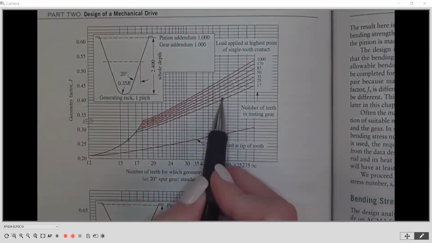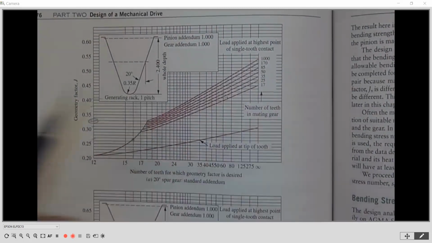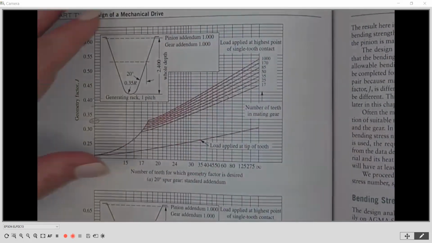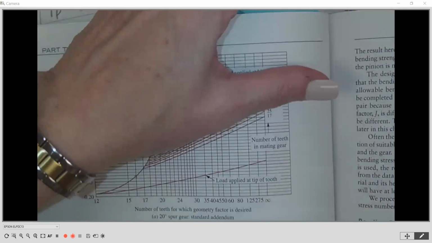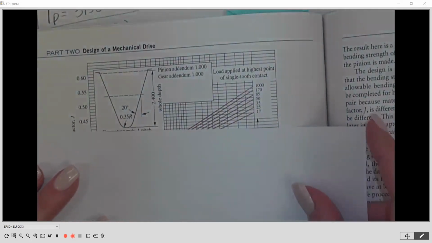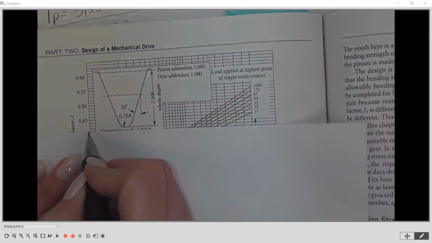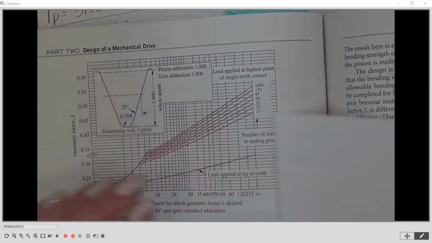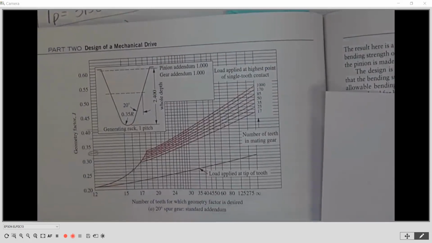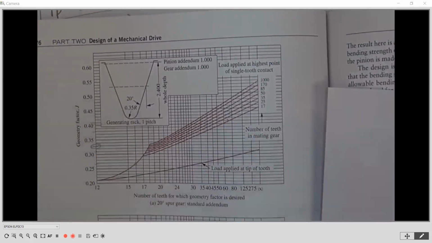Now, not nice what they did. I need a piece of paper, I think. You have to go through that little illustration there to get over to our number. So I think that's pretty good. Okay, so notice we're at 0.41. That's what I would read off my chart.